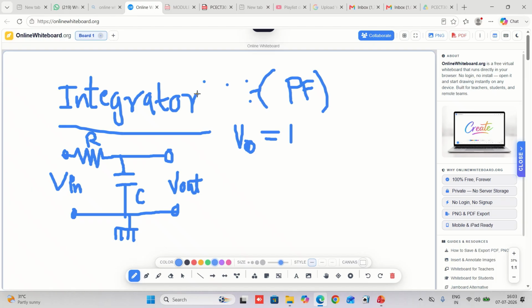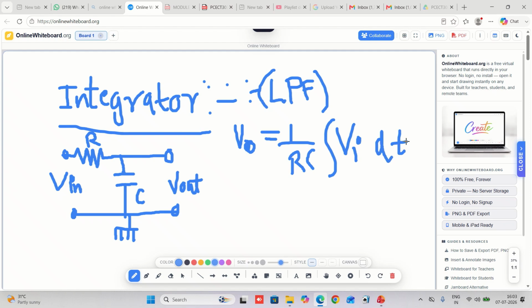The corresponding mathematical operation is integration, and the filtering action is low pass filtering. In the case of an integrator, the output should be the integral of the input, Vi dt. That is the first condition.